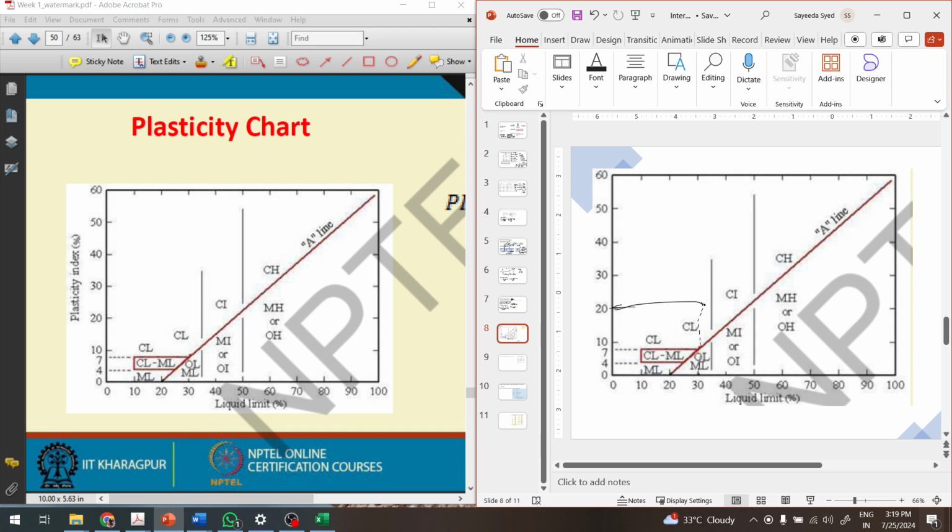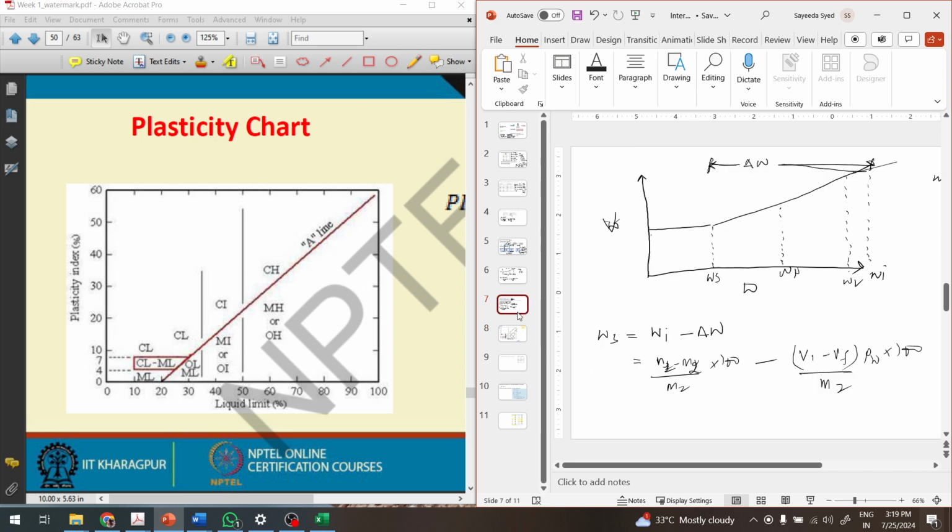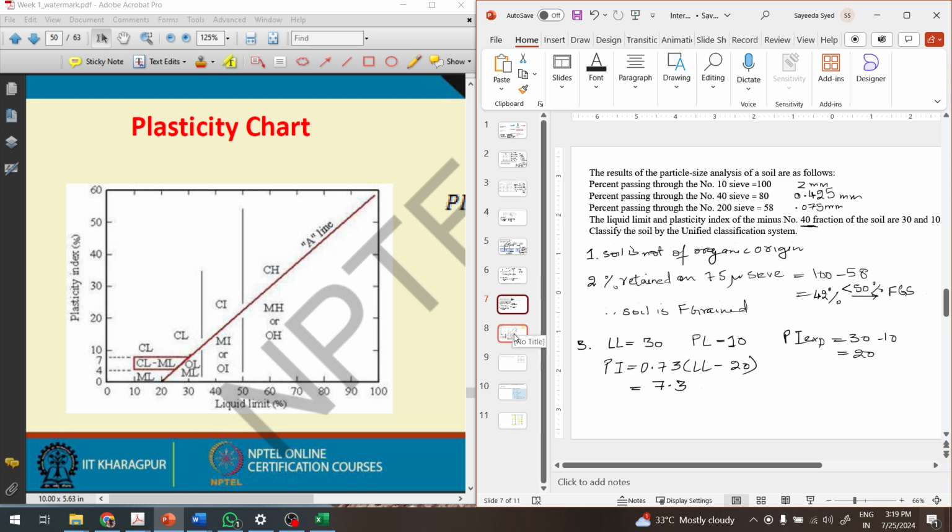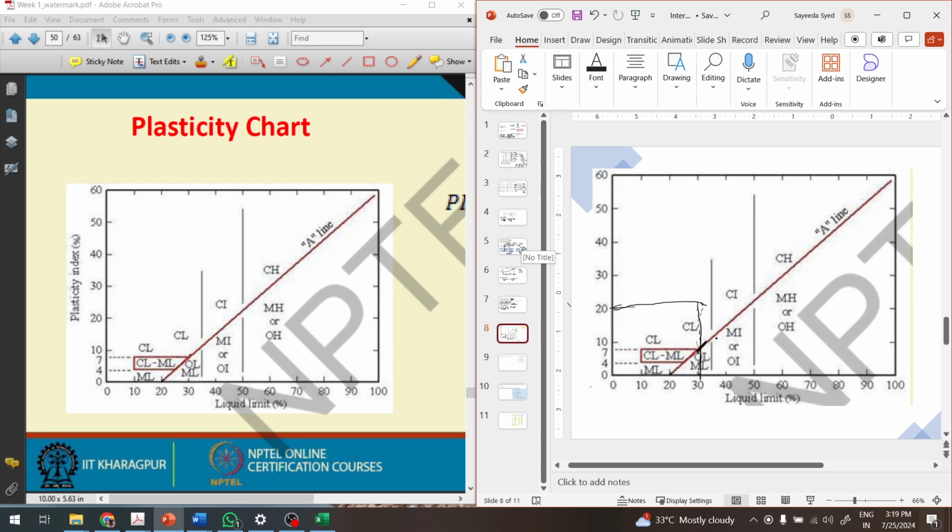So this is our plot, and the A line is at, how much did we calculate? 7.3. Yeah. So our plasticity index is greater than 7.3.